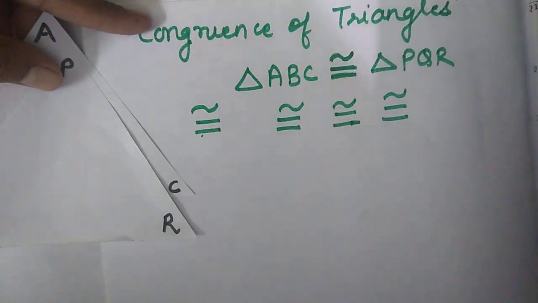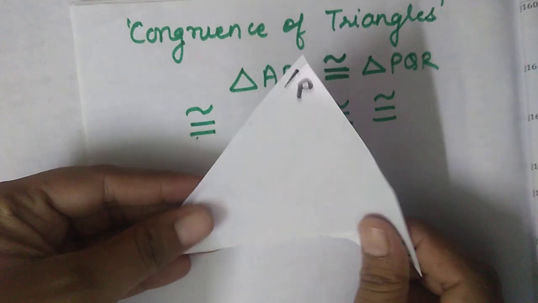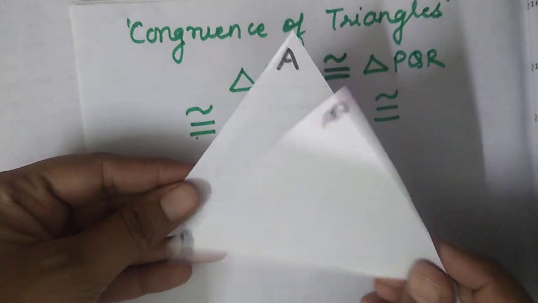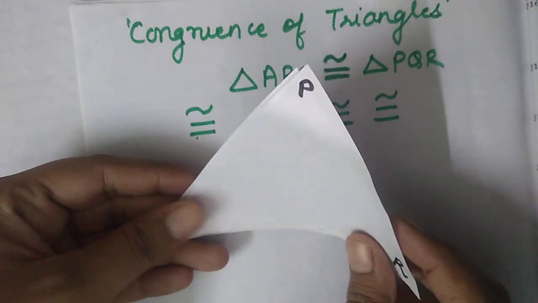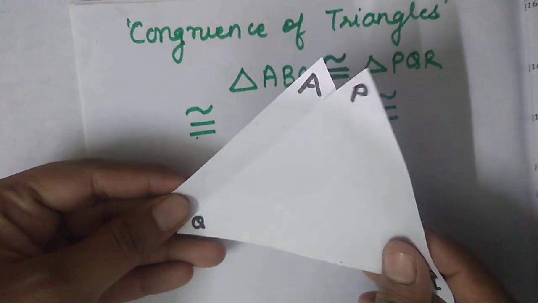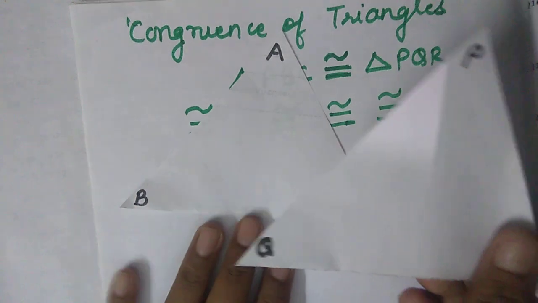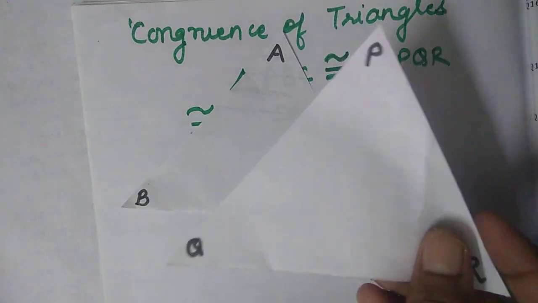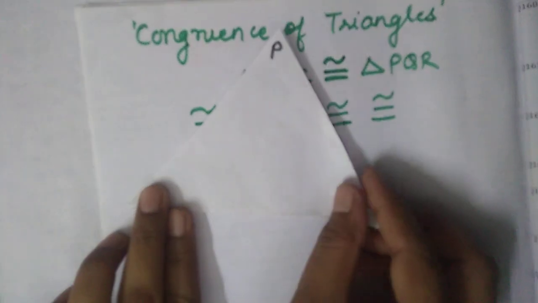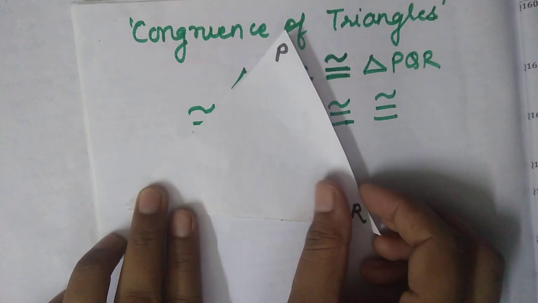Now these two triangles are completely overlapping each other. This means when you place triangle PQR on triangle ABC, they completely overlap.